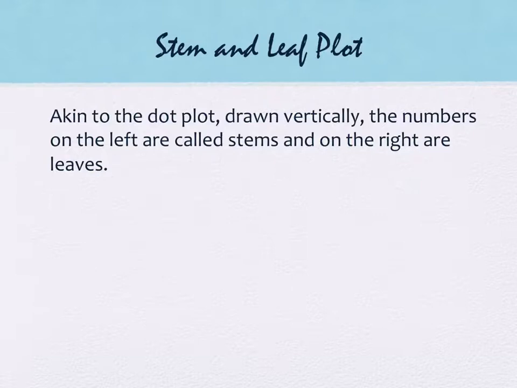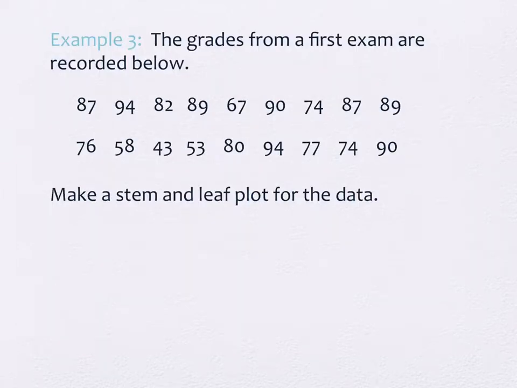You ready to take a look at one? All right. We have some grades from a first exam. We're going to make a stem and leaf plot for these grades. Now what we're going to do is draw a vertical bar. And again, I need to know what my least and greatest numbers are from the data. So what is my least number? 43.